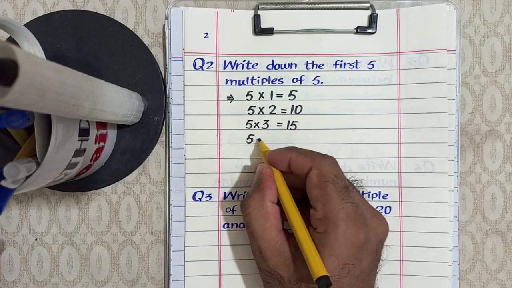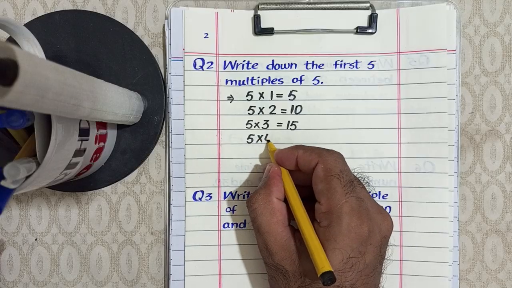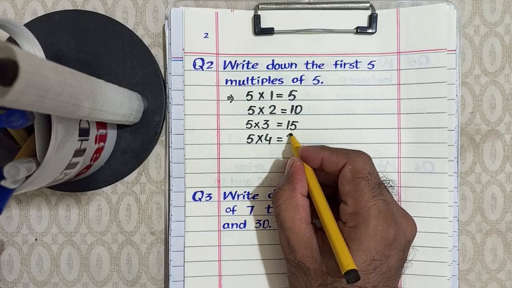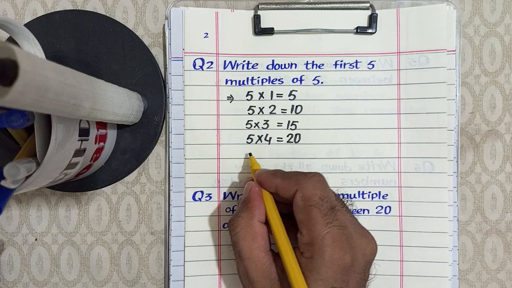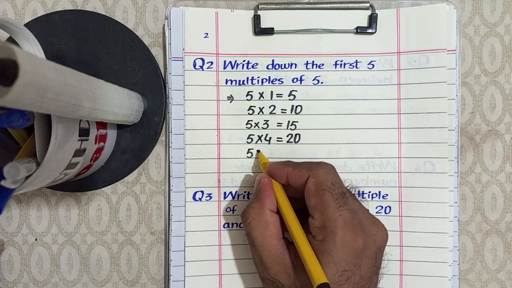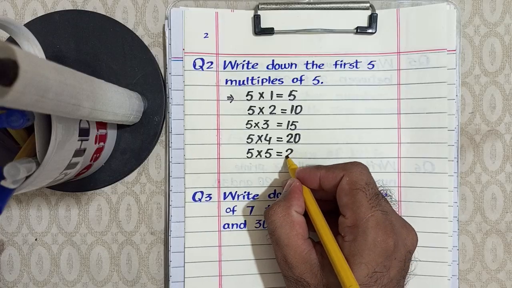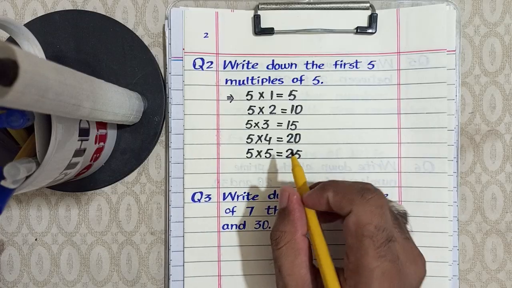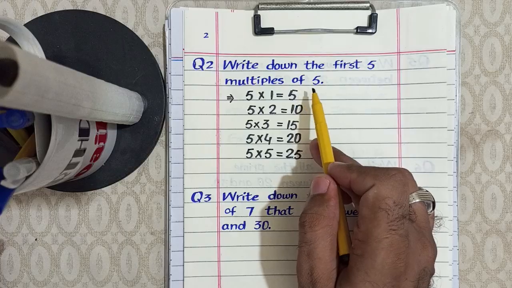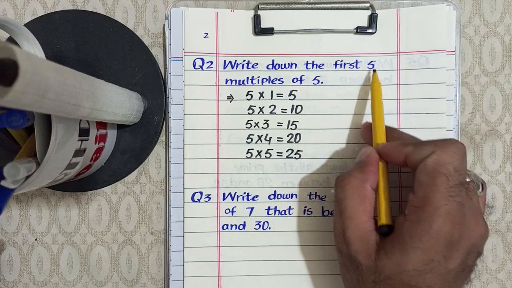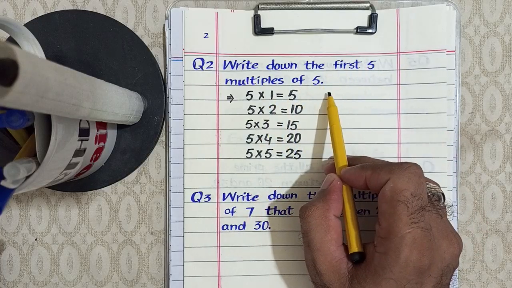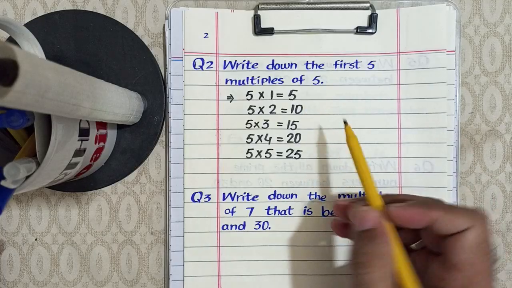And next, 5 multiply with 4, our answer is 20. And the last one, 5 multiply with 5, which is equal to 25. So in the question we had to find the first 5 multiples of 5, and we have them.